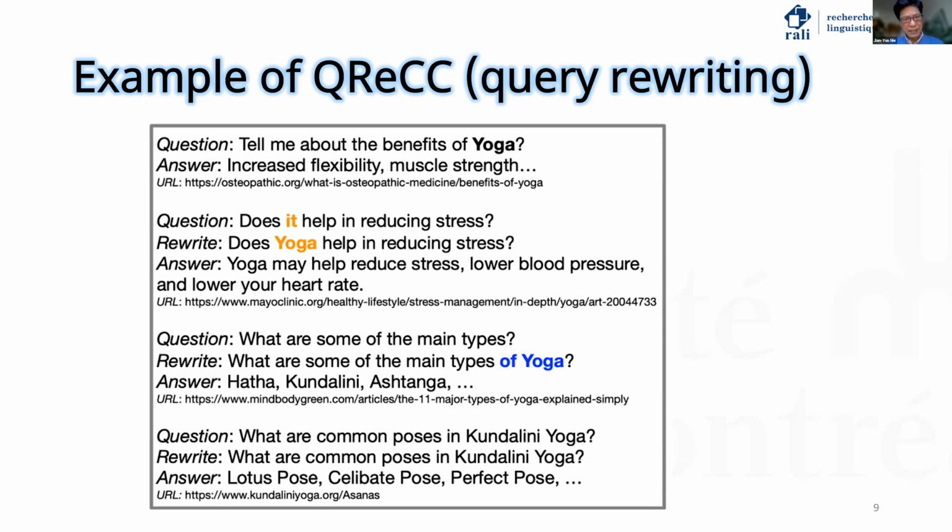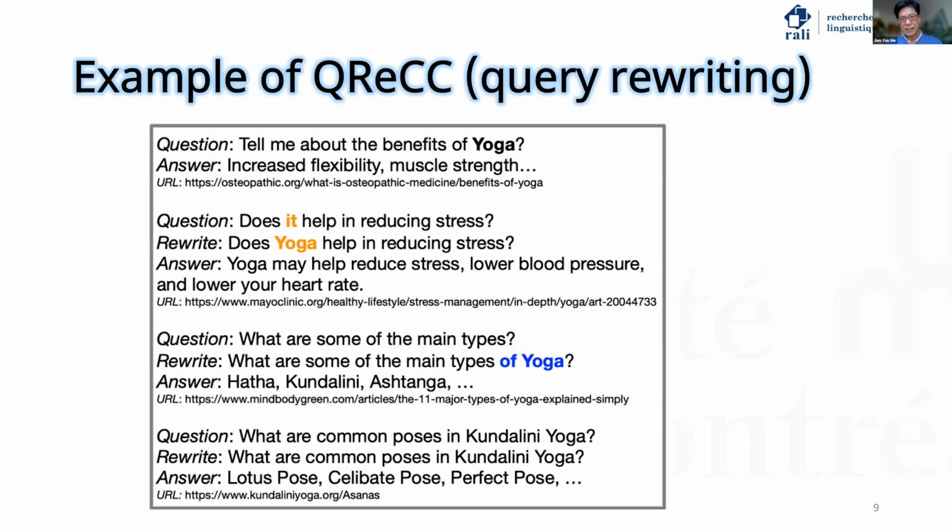So here, in the first question, we don't have the rewrite, but in the second one, we see that there is a pronoun, it, mentioned, which will refer to some concept mentioned in the previous question. So the rewrite will replace it by yoga in this case.